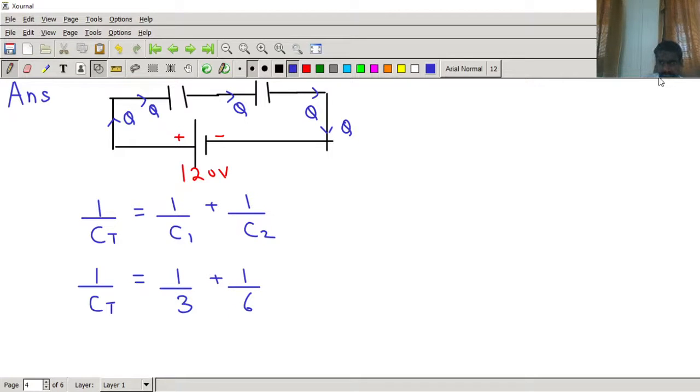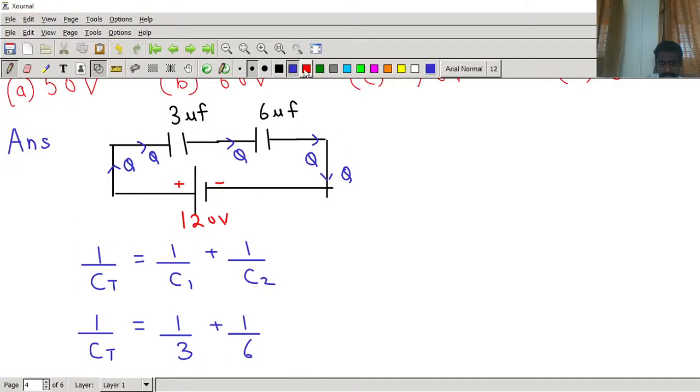Now I will take the LCM of 3 and 6. 3 ones are 3 and 3 twos are 6, 2 ones are 2, so 6 is the LCM.